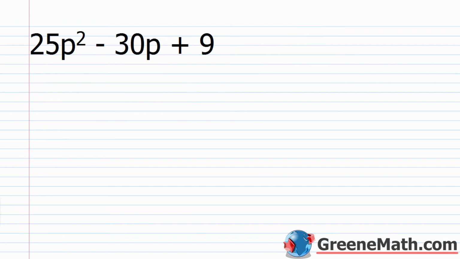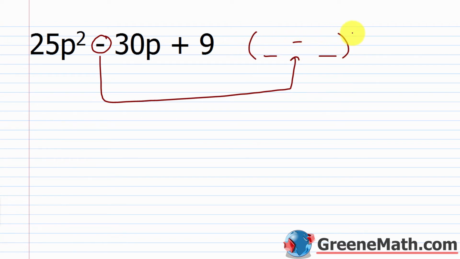All right, let's take a look at 25p squared minus 30p plus 9. Now pay attention here because we have that minus sign. So we know that if this ends up being factorable, there's going to be a minus sign in there. Right? You'll have something minus something else, and then it'll be squared. So let's check to see if we have squares here. We have 25p squared, so that's 5p, that amount squared. And then we have 9, that's 3 squared.